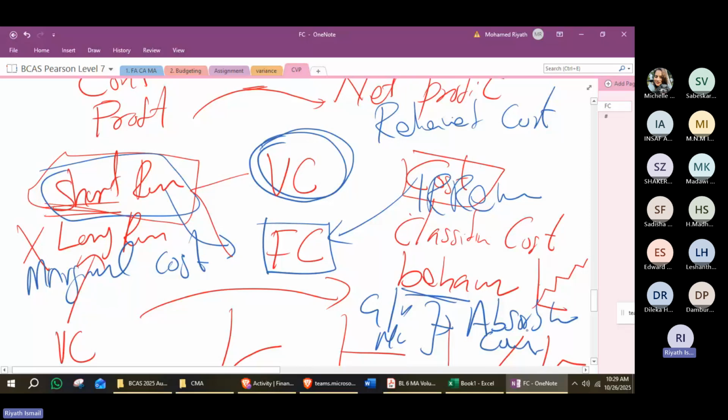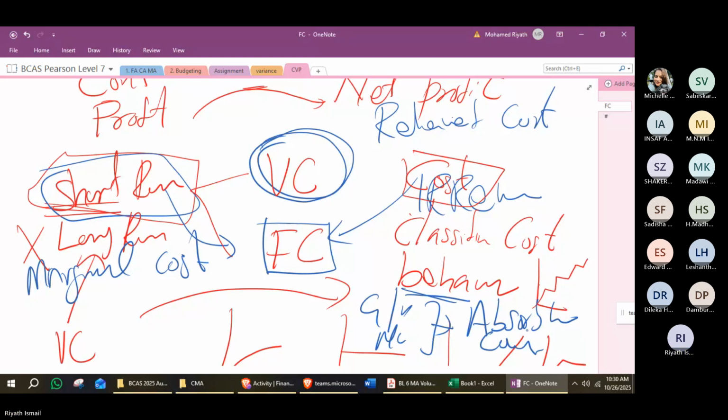So these are two different approaches. So Imran, now tell me, is contribution equal to gross profit? No. Contribution is not equal to gross profit or net profit. They are two different approaches. In this module, we are talking about management and cost accounting.